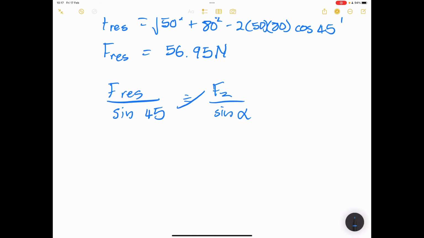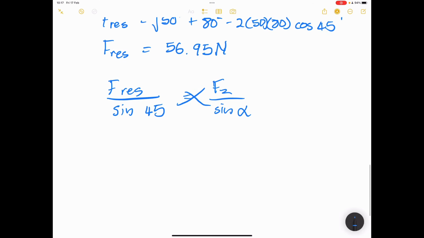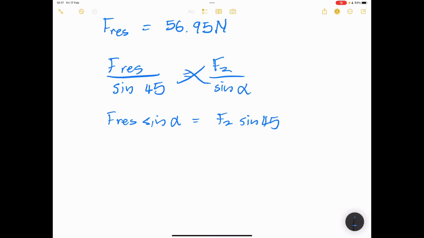Now all we simply do is cross multiply. So that's F res, the resultant force, multiplied by the sine of alpha, equal to F2 times the sine of 45 degrees. We're looking for sine of alpha, so we divide by the resultant force on both sides, and that cancels it.